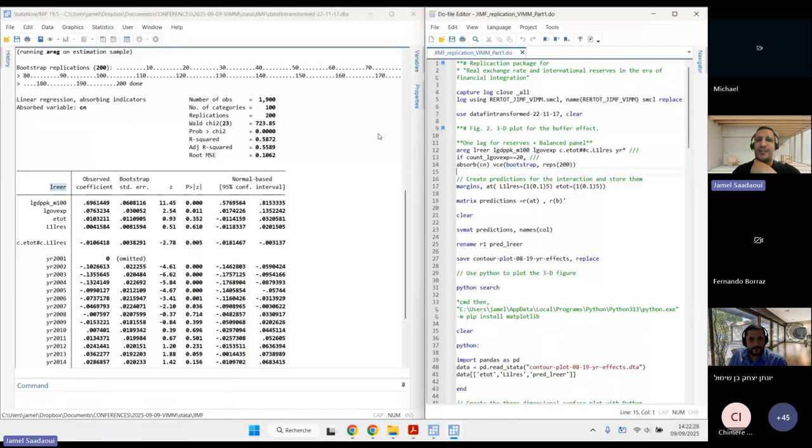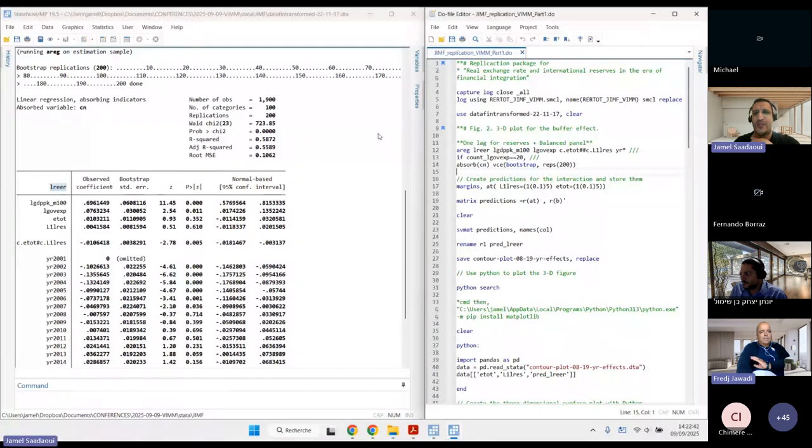My answer would be, you have a reference paper about local projection showing that local projections are robust to non-stationarity, and usually they are robust to non-stationarity using lag augmentation. I don't know if you are familiar with lag-augmented VARs. The logic of a lag-augmented VAR is that you have a VAR, and if the order of integration of some variable is possibly I(1), I will add a lag to take into account this non-stationarity. So there is a literature on that.